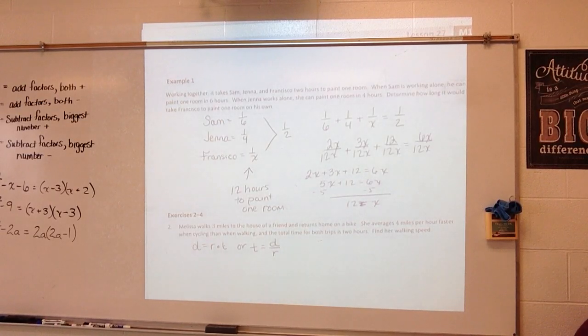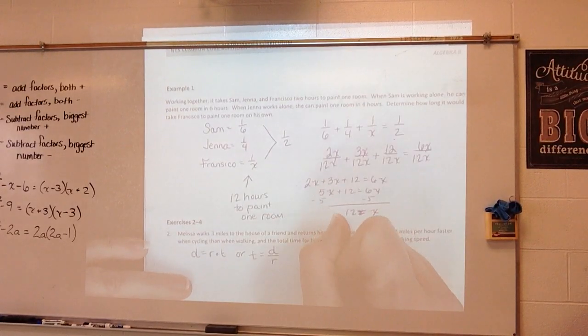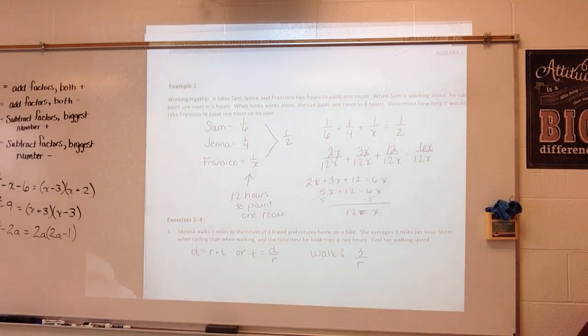The time it takes for Melissa to walk to her friend's house, the distance is 3, so it's 3 over r. And to cycle back is 3 over r plus 4. All right? So to walk to her friend's house, the distance is 3 over r.